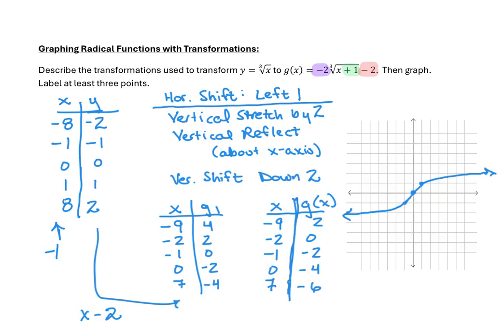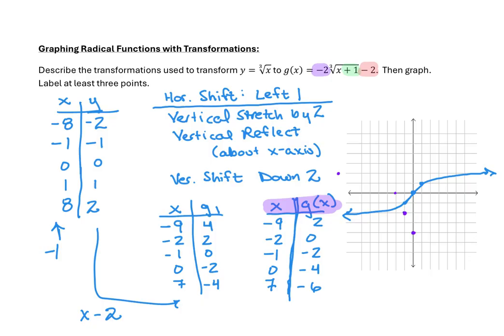All right. The other graph that we want to do is going to be the final table that we came up with. And so what we have is negative 9, 2. That's going to be somewhere over here. We have negative 2, 0. We have negative 1, negative 2.